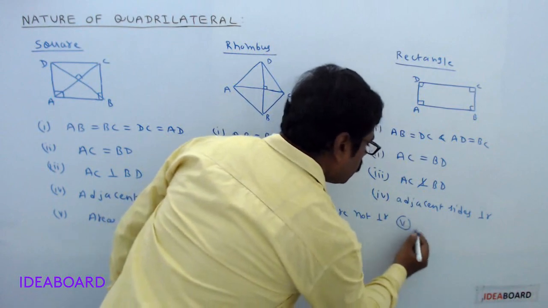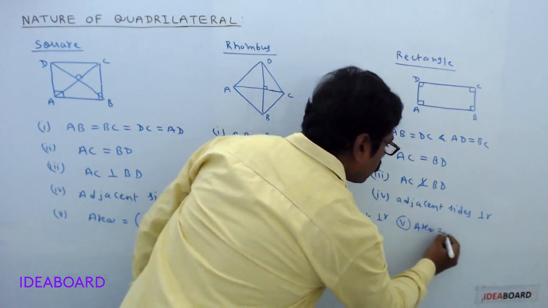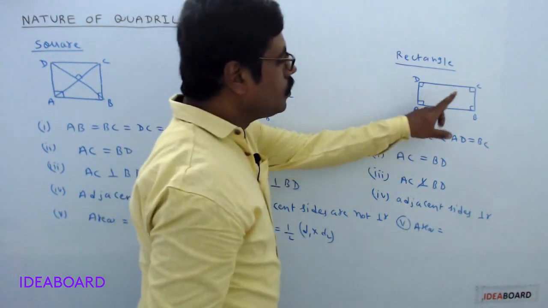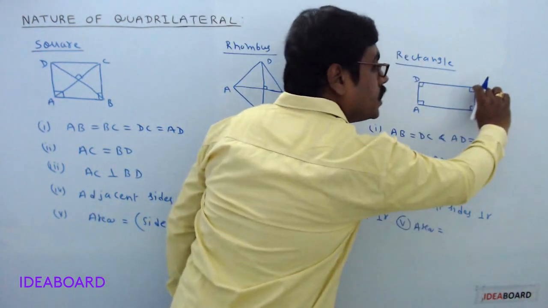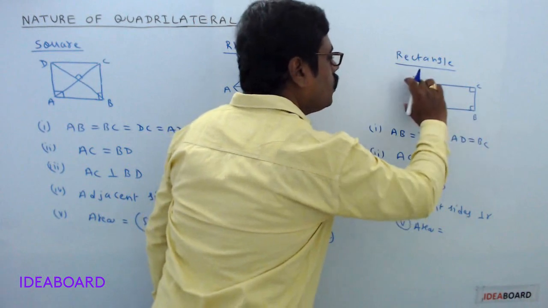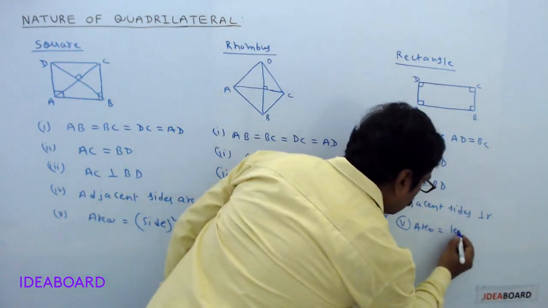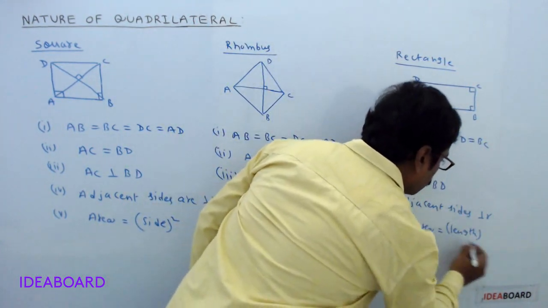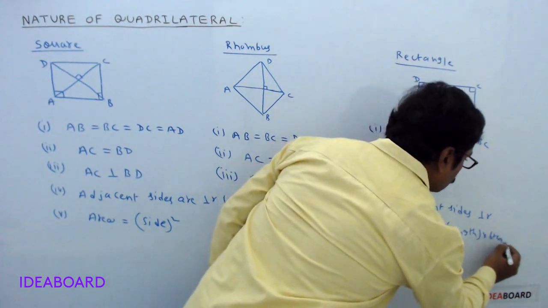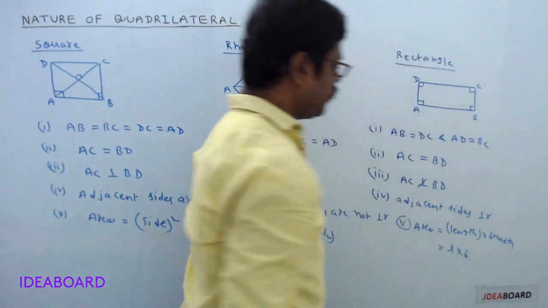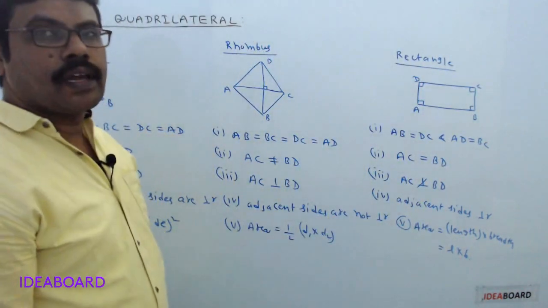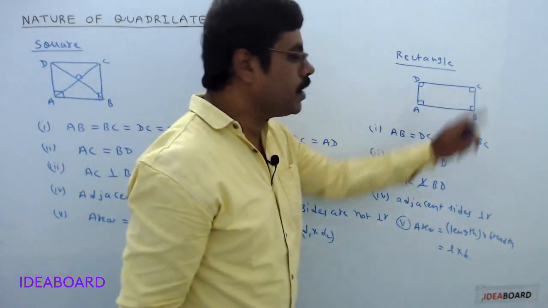Then fifth point, area. Area of rectangle is length into breadth. That means AB into BC or AB into AD. In general, you can take it as length into breadth, that is nothing but L into B. So, area of rectangle formula, length into breadth.